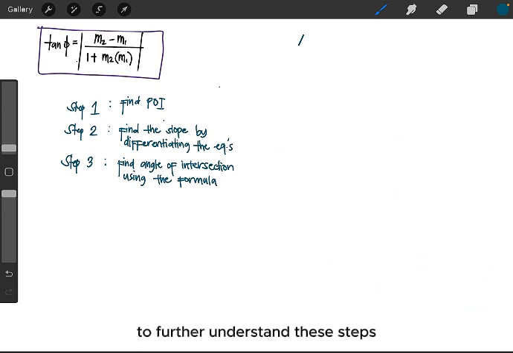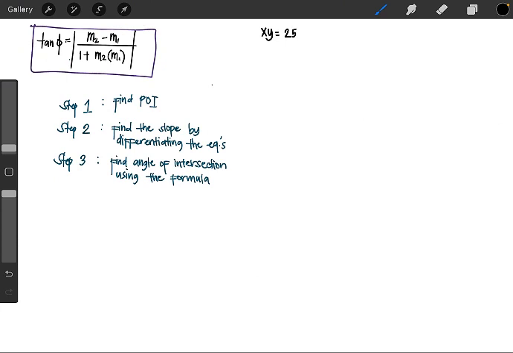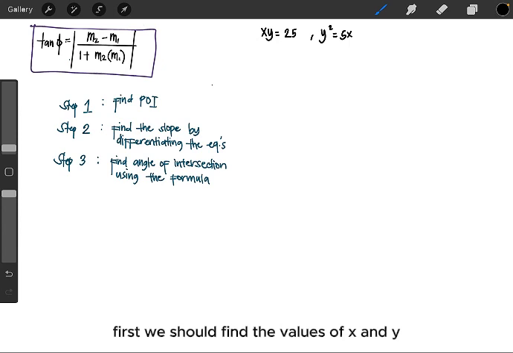To further understand these steps, let's have an example. Say we have the curves xy is equal to 25 and y squared is equal to 5x. First, we should find the values of x and y by solving simultaneously.